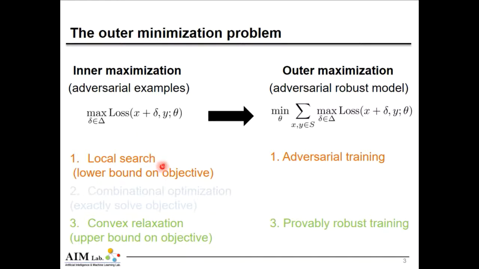First, using our local bounds naturally leads to a procedure that we call adversarial training. Second, we cannot use conventional optimization for training adversarially robust models, because it has large computations. Third, we can train models based on convex relaxation, and this will lead to provably robust models.